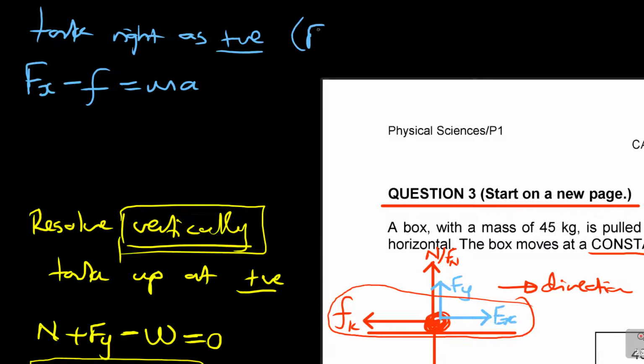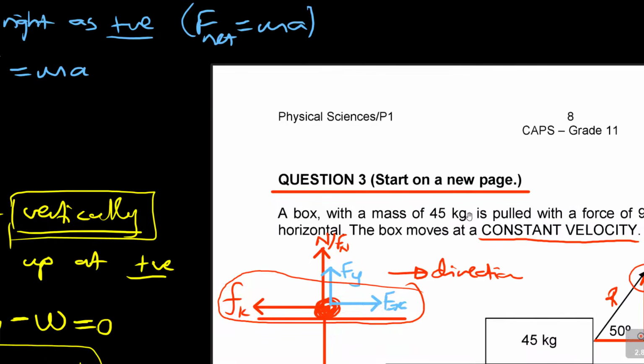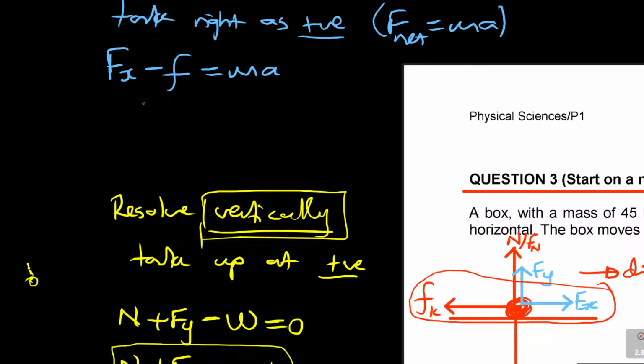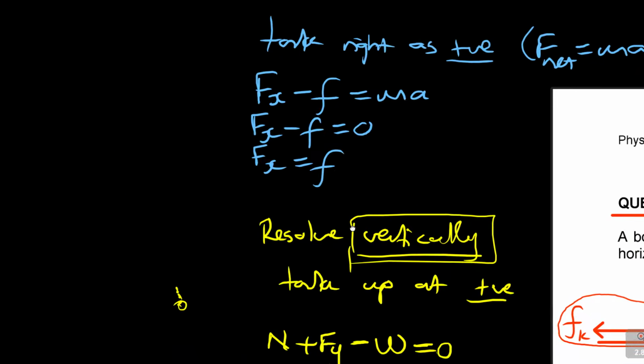F net is equal to ma, but they told us something: constant velocity. So acceleration is equal to 0. You still come and say Fx minus F is equal to 0, which means Fx is equal to F. So we are solving in this case for F.